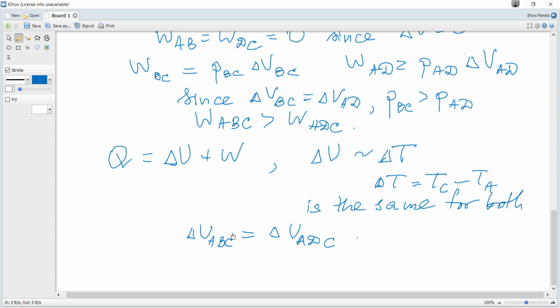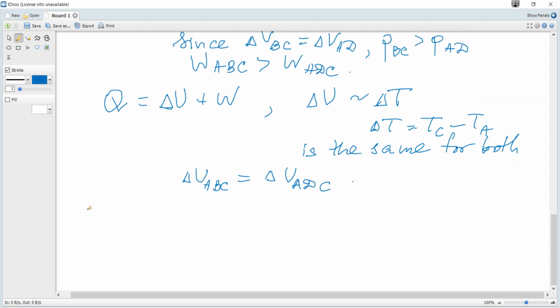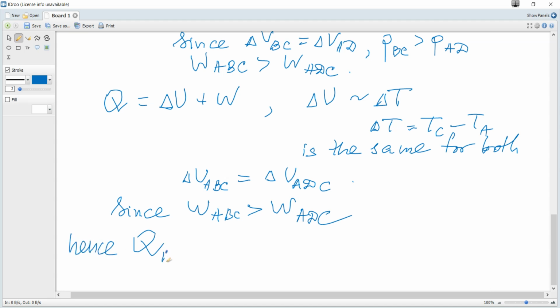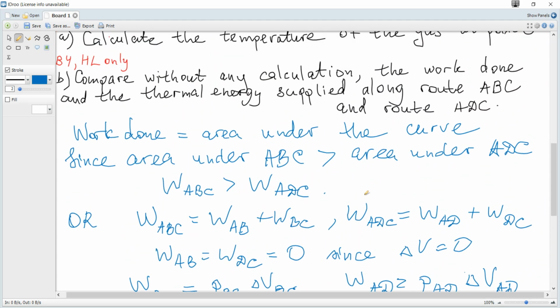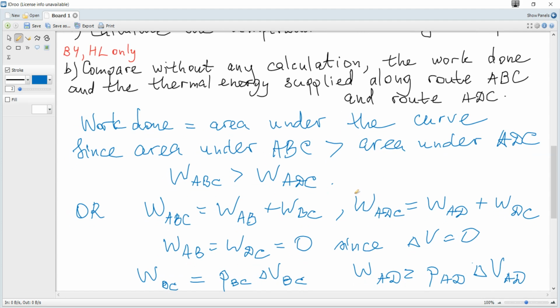And using the previous result, since work for ABC is greater than work for ADC, the thermal energy supplied for ABC is greater than thermal energy supplied for ADC. And that's all for this question.